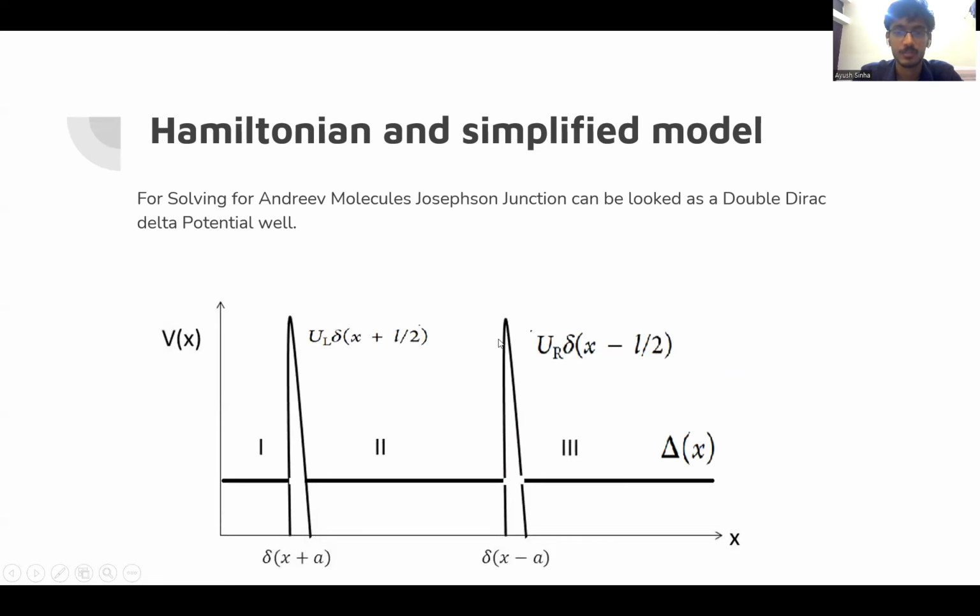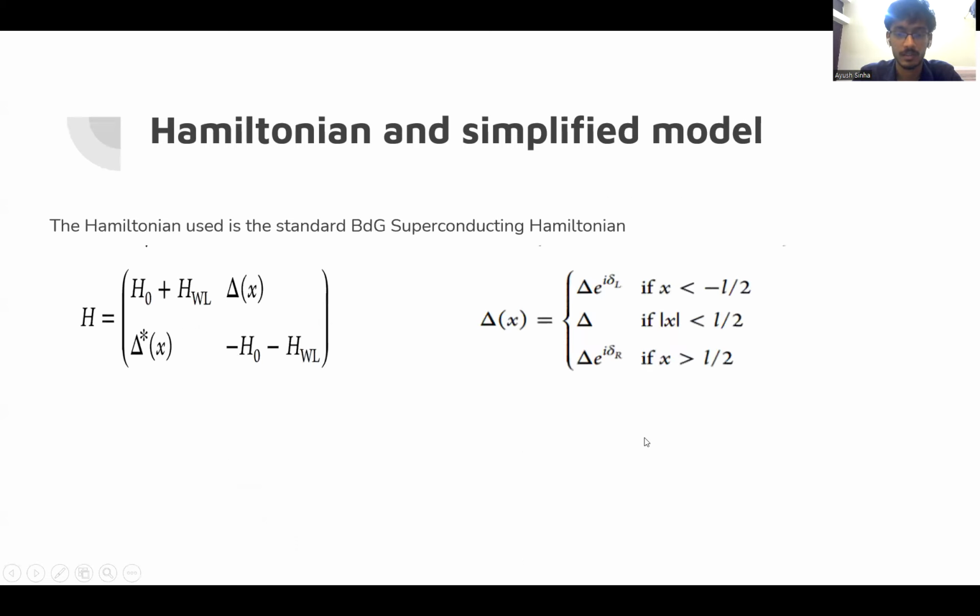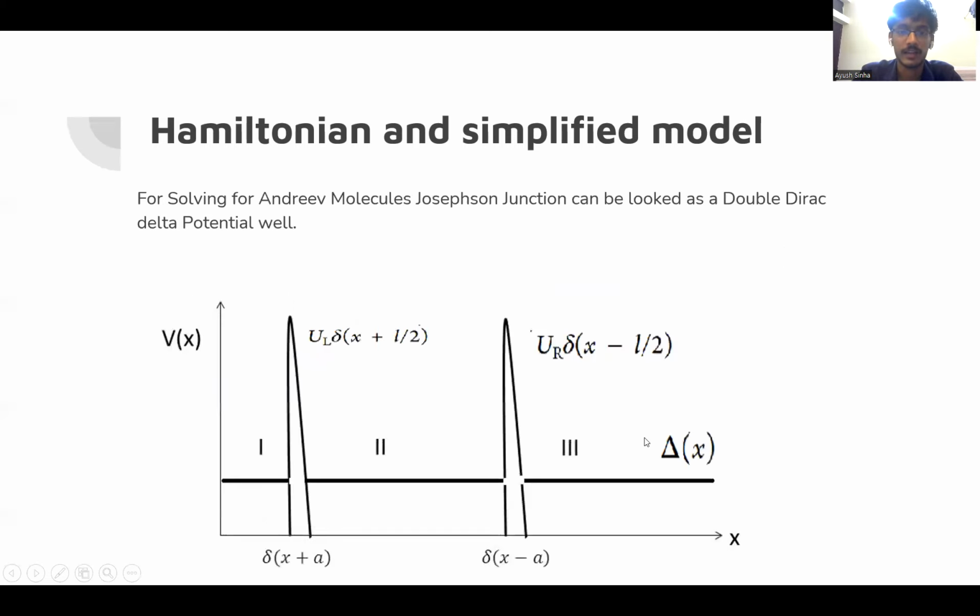And regions 1, 2, and 3 have potential delta X, which is the function that we described earlier in this slide. And this is a schematic perfectly describing our system. And this defines the double Dirac delta potential well.